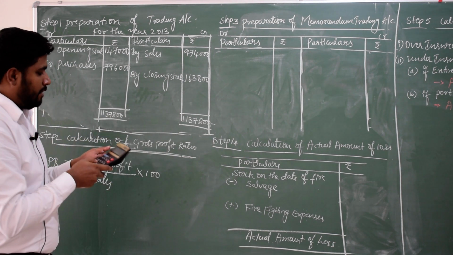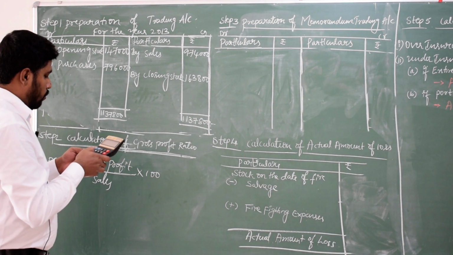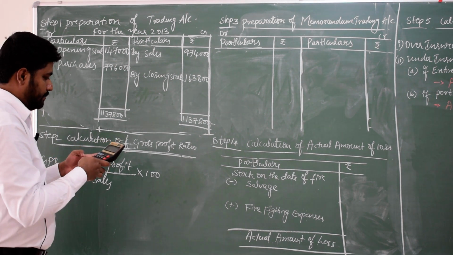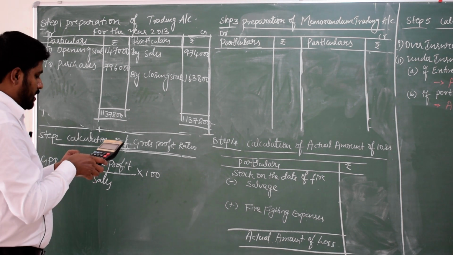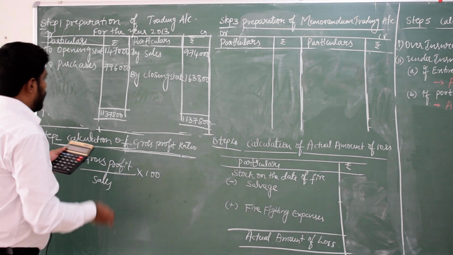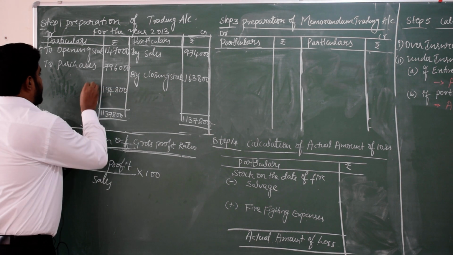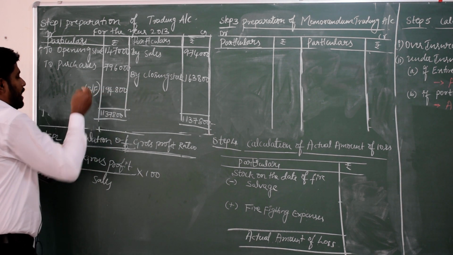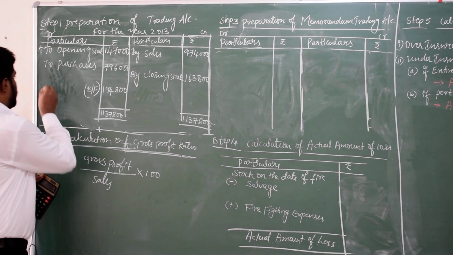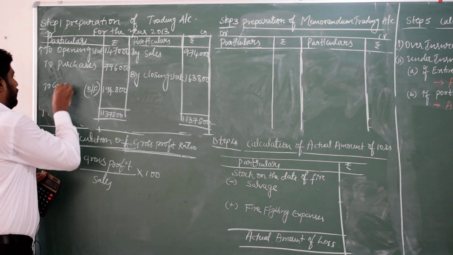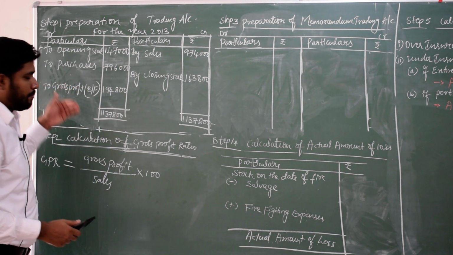The balance figure will be 11,37,800 minus 1,47,000 minus 7,96,000. You will get 1,94,800 as a balancing figure, and this information is considered as gross profit. Now move on to step number 2.